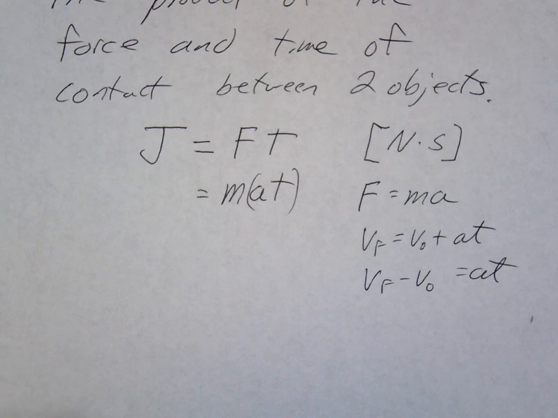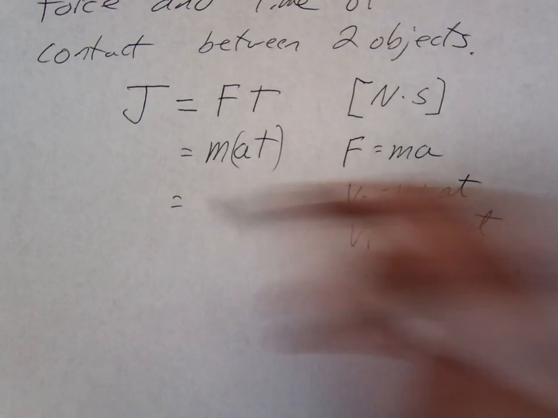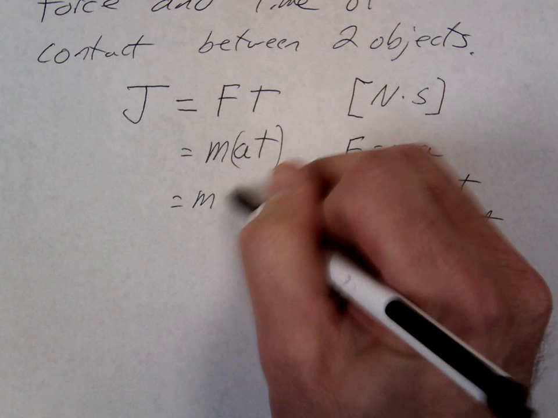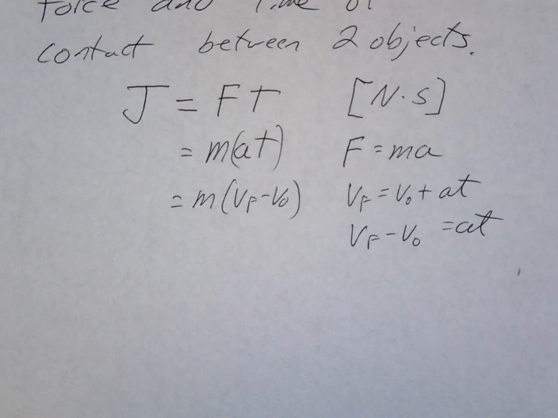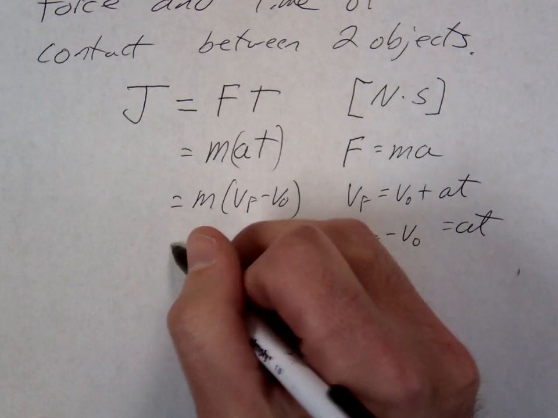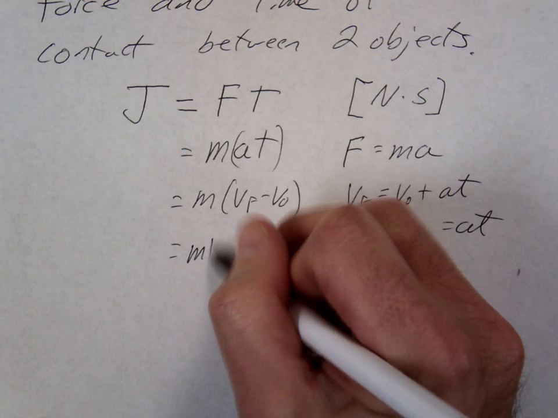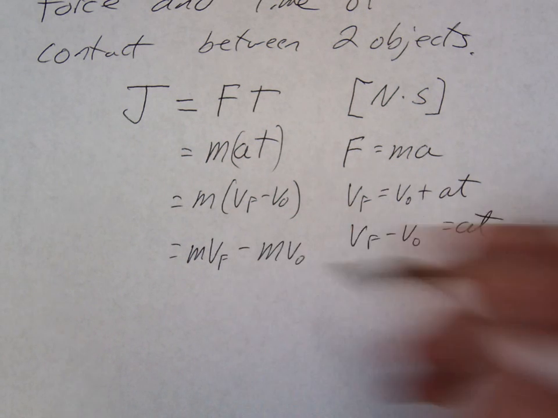Notice here we have our At, so let's make the substitution for At. That's going to equal m times Vf minus Vo. If we distribute this m to both terms, both velocities, we get mv final minus mv initial.